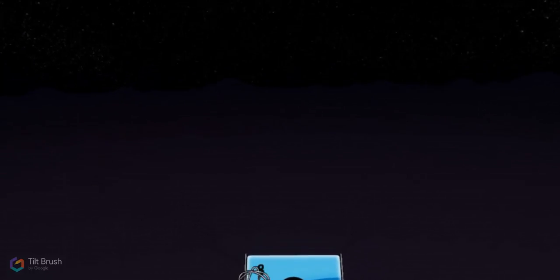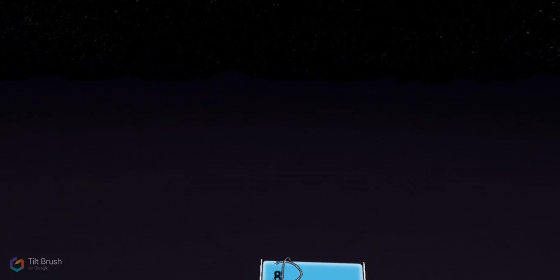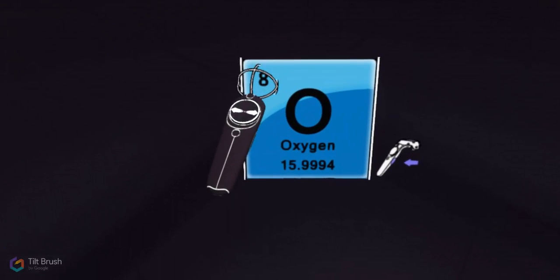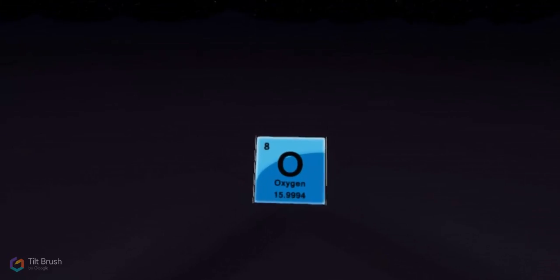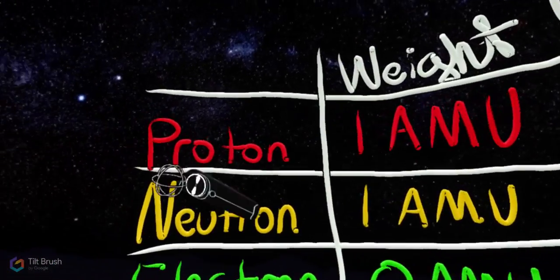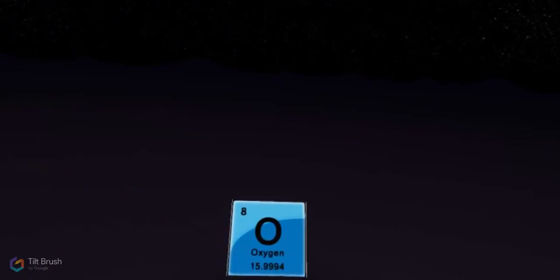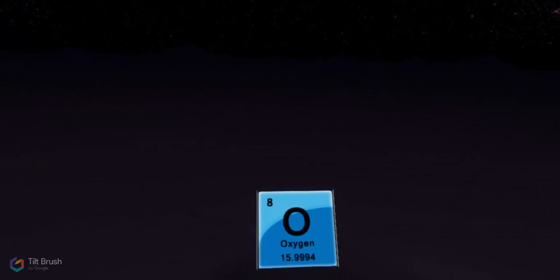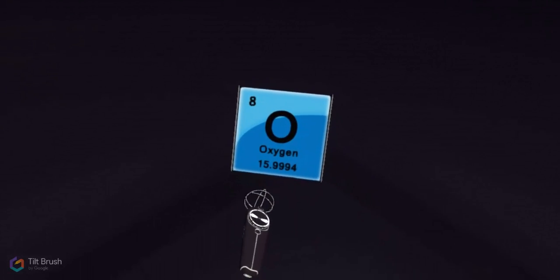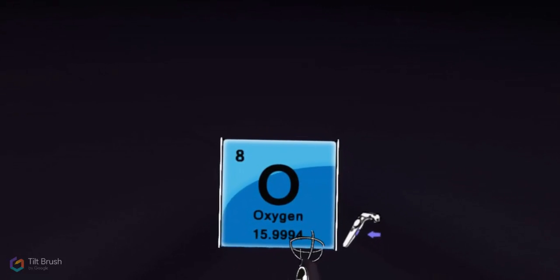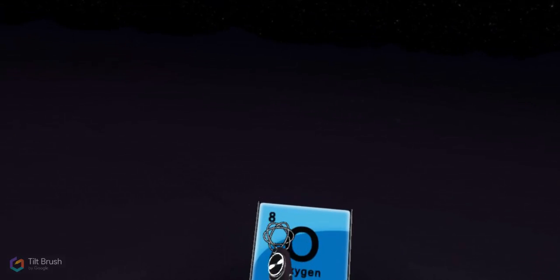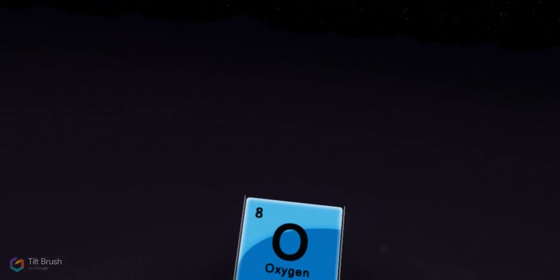That is that it has 8, see? 8, right here, 8. What are those? See if you can come up with it without me. That's right, protons. All right, how many neutrons do you think it has? Well, it weighs 16 on average. What is 16 minus 8?